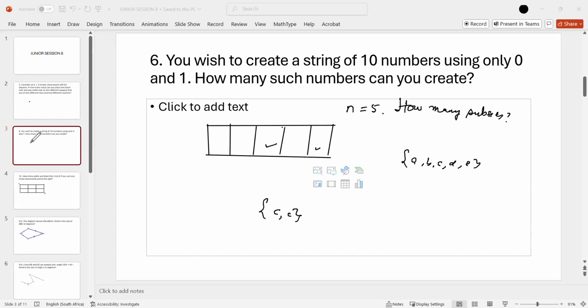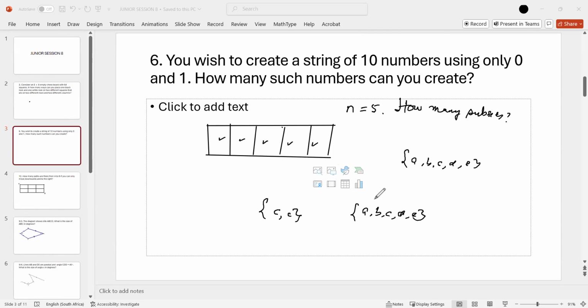So if I take any subset, like for instance, the whole thing. Suppose I look at this subset, A, B, C, D, E. Then A is in, B is in, C is in, D is in.